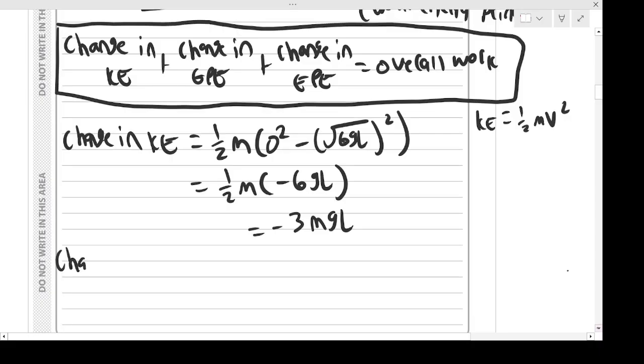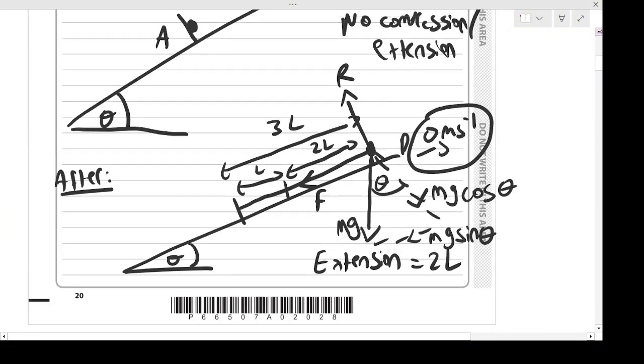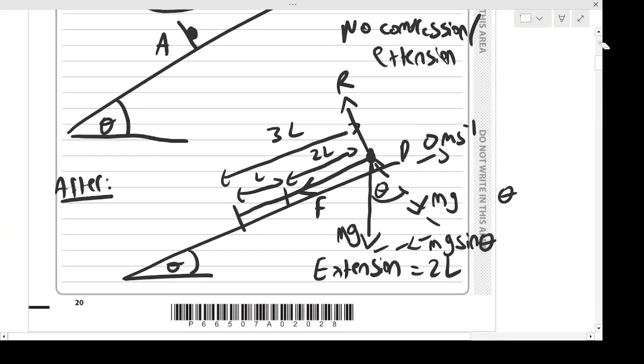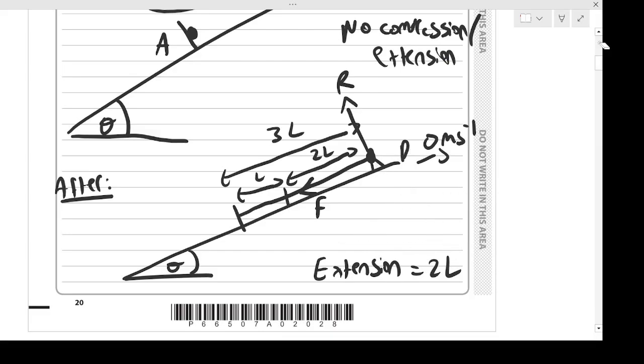Then the change in gravitational energy, GPE. Well, that's mgh, with the vertical height h. Where's the vertical height? If I get rid of all of this, we can see this is my height h.